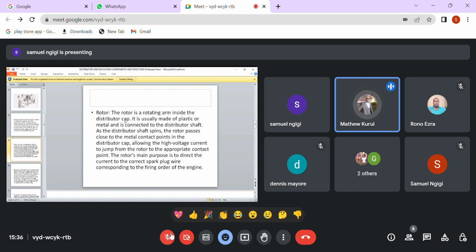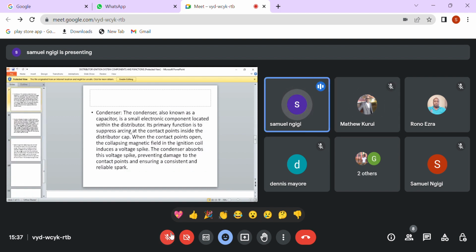As the distributor spins, the rotor passes close to the distributor cap, thus allowing the high voltage current to jump from the rotor to the appropriate contact point. The rotor's main purpose is to direct the current to the correct spark plug wire corresponding to the firing order of the engine. Okay, good.